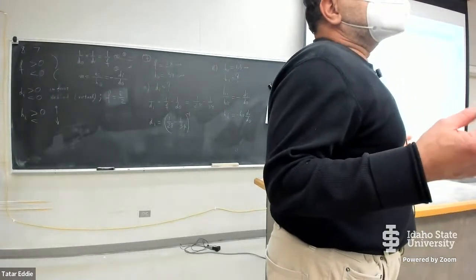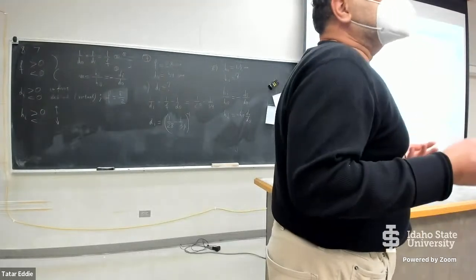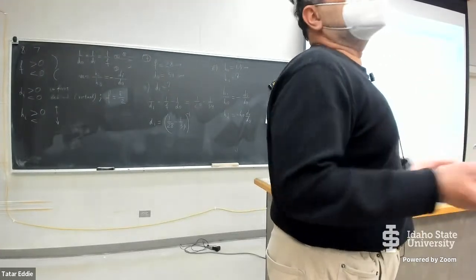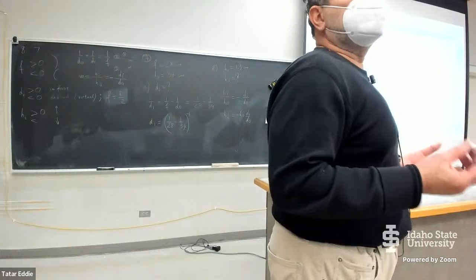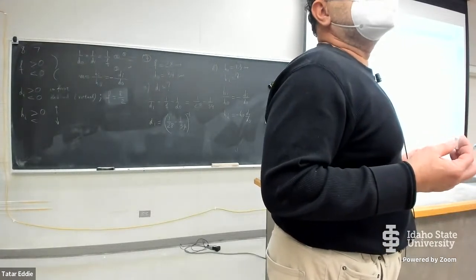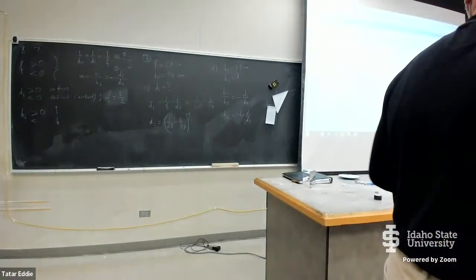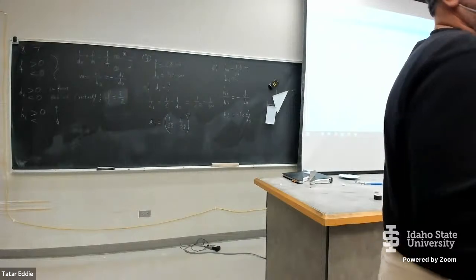There are problems where they may ask about magnitudes, but in geometric optics, algebraic signs tell you something. So yes, you always have to keep track of the algebraic sign in geometric optics. Okay, other remarks?